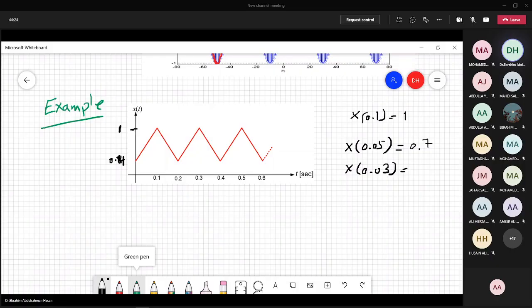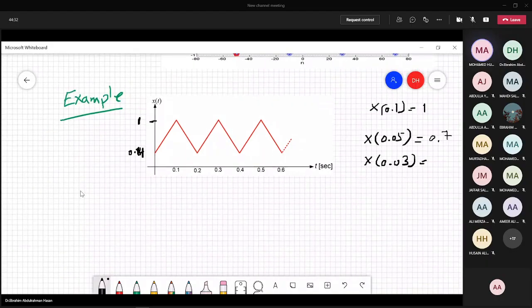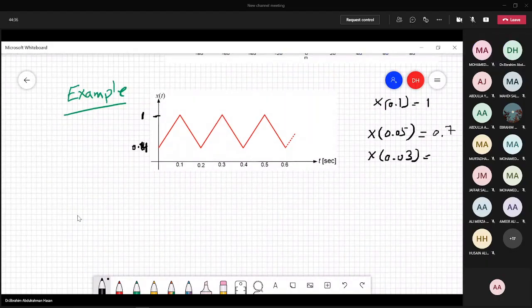How to find it? We need to find the slope. Slope is equal to 1 minus 0.4 divided by 0.1, so it is equal to 6.